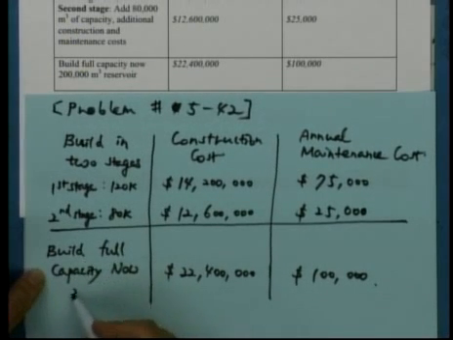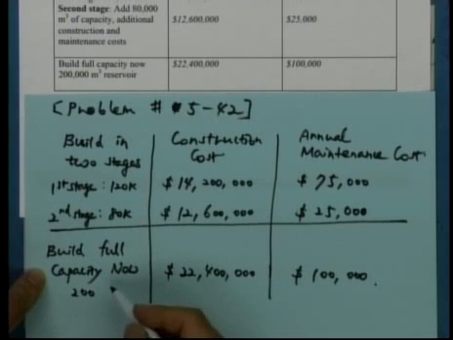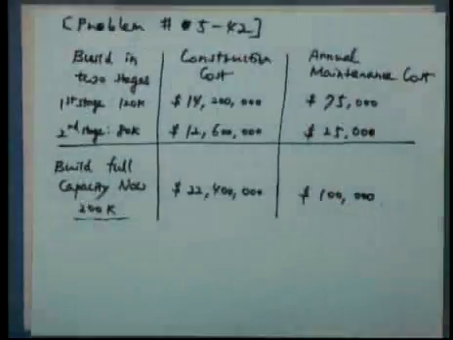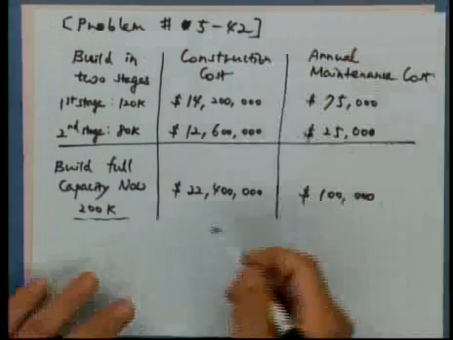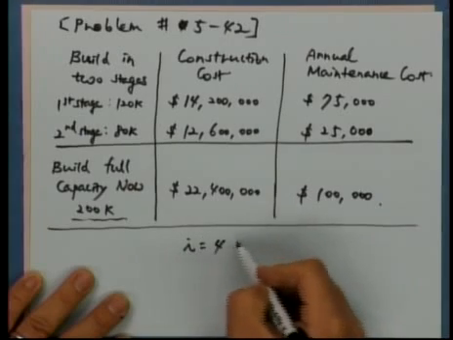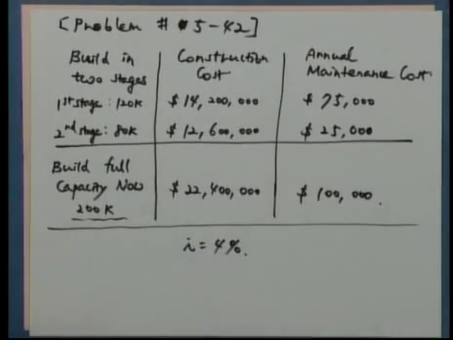Of course, it's going to require 200,000 cubic meters of reservoir at once. And we are going to use 4% of interest rate.